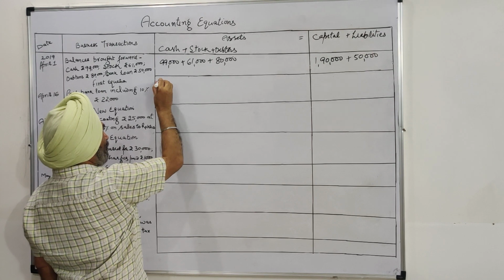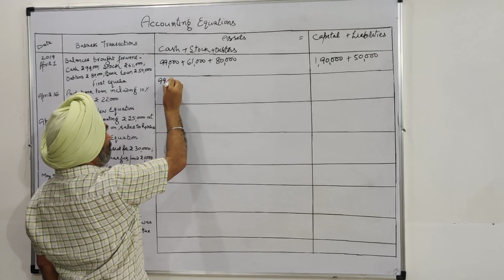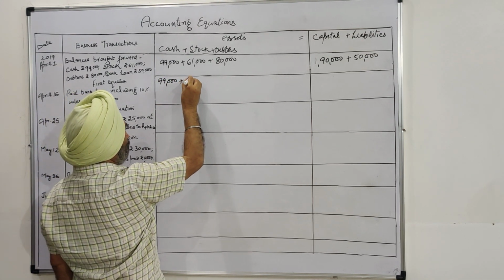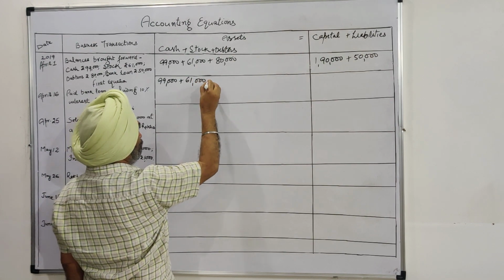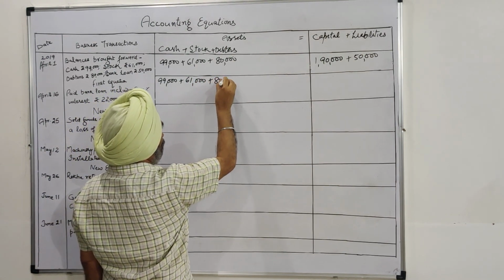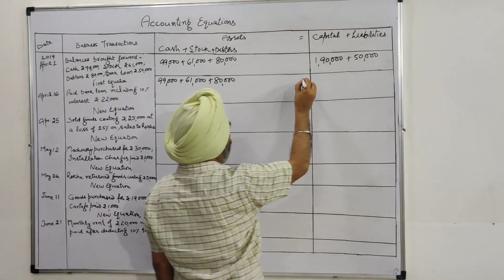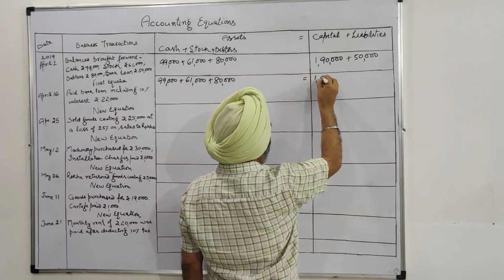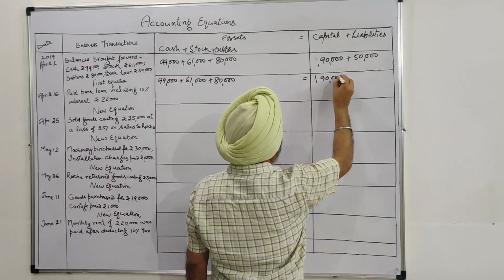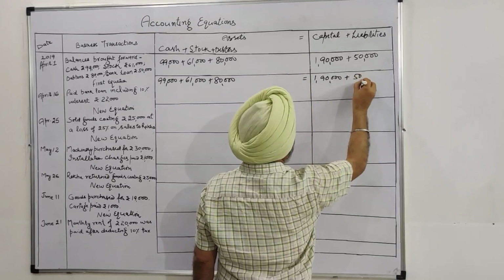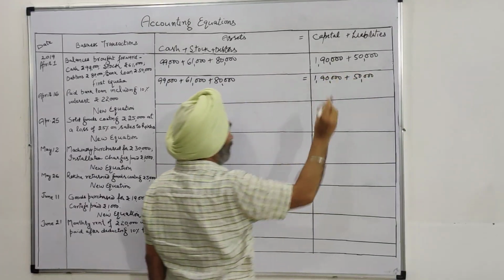So this is our first equation, where cash is 99,000, 61,000 is the stock, 80,000 are the debtors, and capital, which we had calculated as a balancing figure, is 1,90,000, and 50,000 is our liabilities, which is the bank loan.